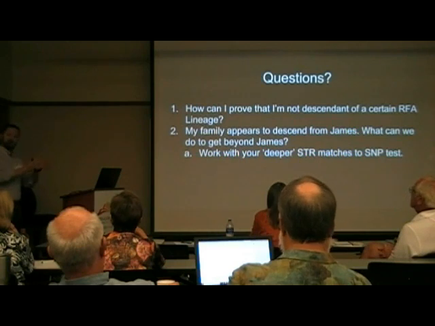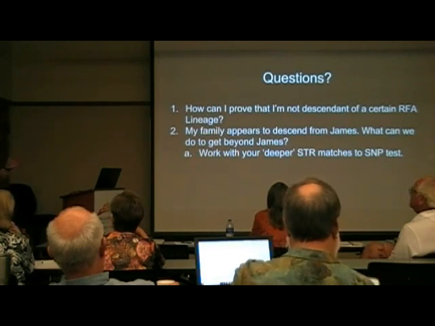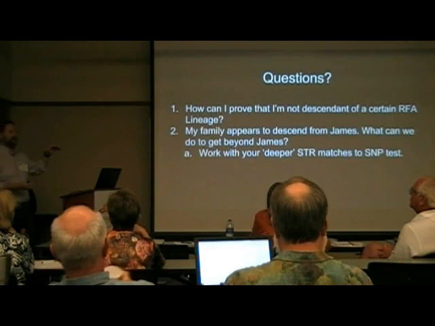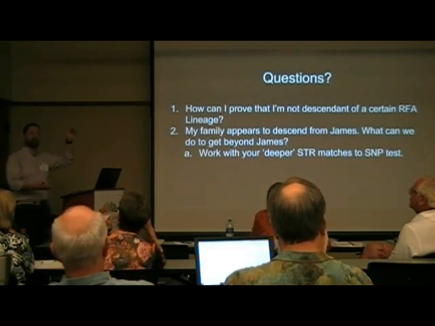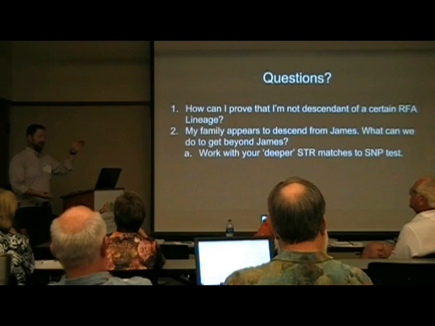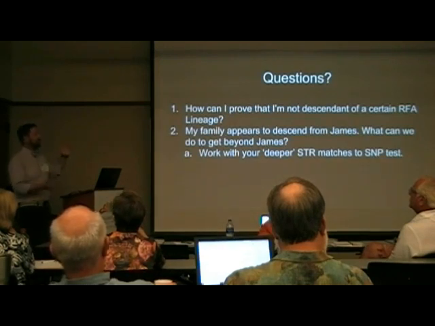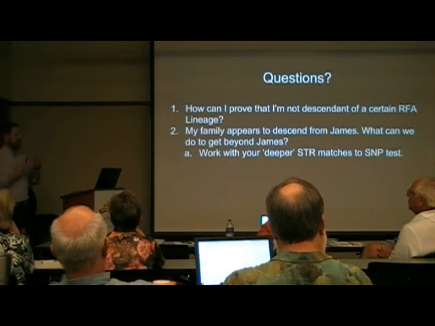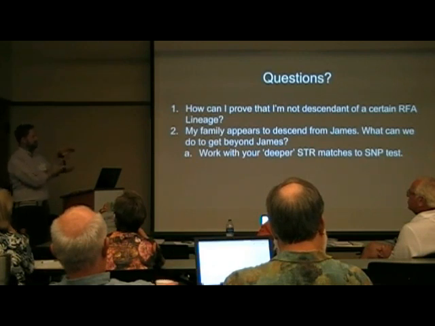They will have close matches that connect to them within the last couple of 100 years. But if you look at your more distant matches, the people that match you at 9 or 10 markers out of 111, they may be Reynoldses, they may not. But it would be good to get in touch with those people. In my case, I don't have any immediate close relatives, except for the fourth cousin that I actually recruited to do this.